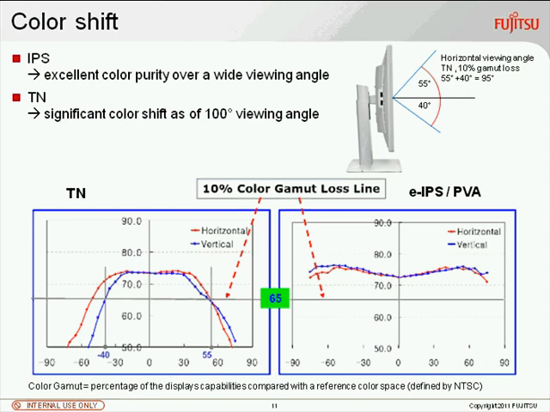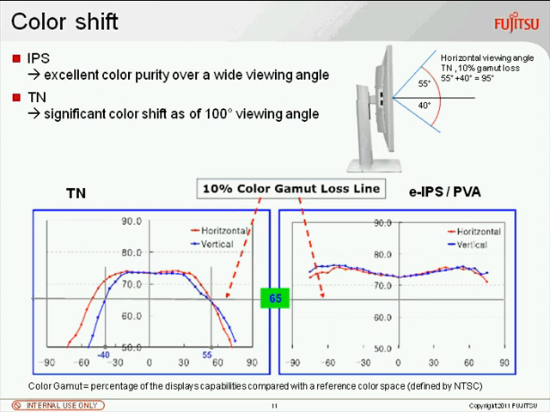Again, if you sit alone in front of your desk and you don't need very good colors, only make office applications, this is good enough. But if you work with colors, or if you look more from the side, for example, more users looking at a presentation, the IPS or PVA panels have a much more constant gamut over the whole viewing angle.